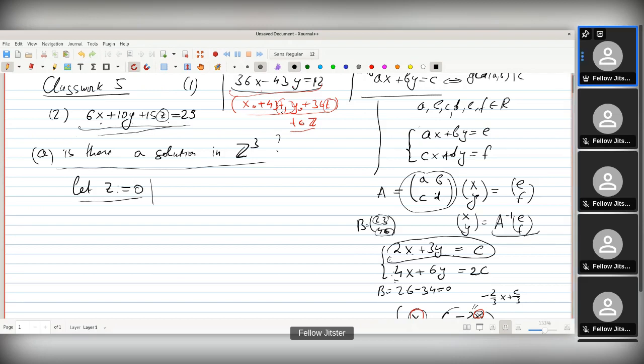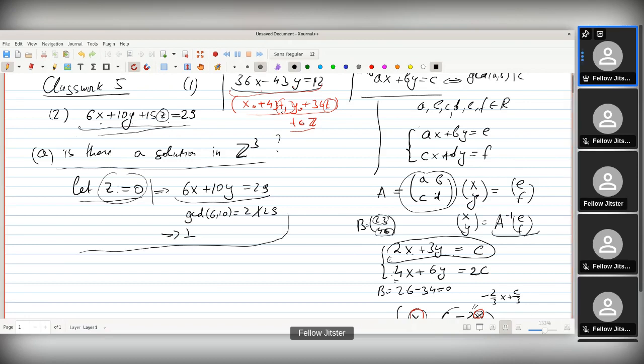If it is 0, then our equation is equivalent to the following: 6x plus 10y equals 29. May it have a solution? No, definitely not, because the greatest common divisor of these two is 2. It doesn't divide 29. So there is no solution where z equals 0.